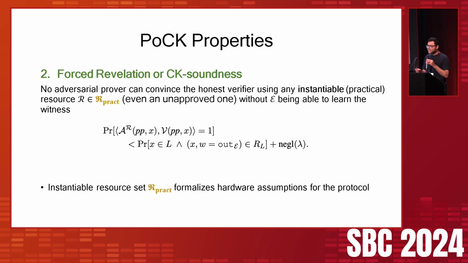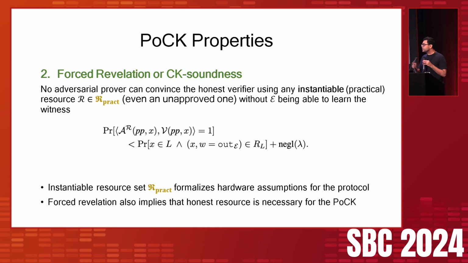So this instantiable or practical resource set essentially will formalize our hardware assumptions for the protocol. And you can observe here that the forced revelation also implicitly says that some honest resource will be necessary to provide complete knowledge. And so any proof that will go through will have the extractor being able to extract out the witness in practice.